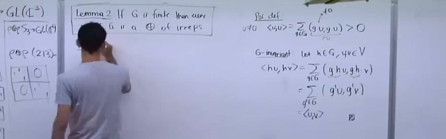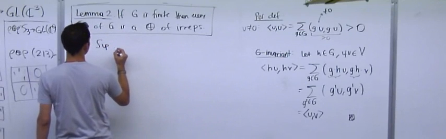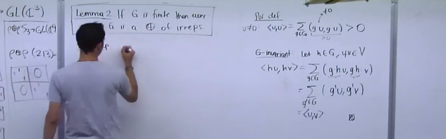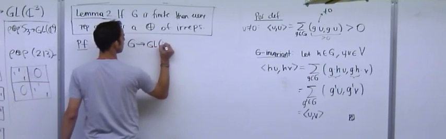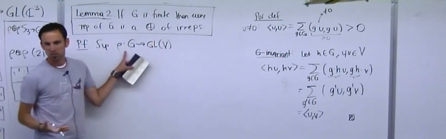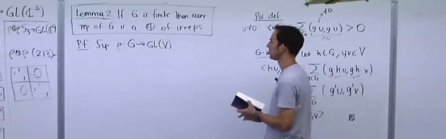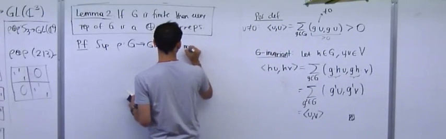So proof. Let's start with some representation. Now, if this representation is irreducible, then I have nothing to prove. And so let's suppose that it is not irreducible.